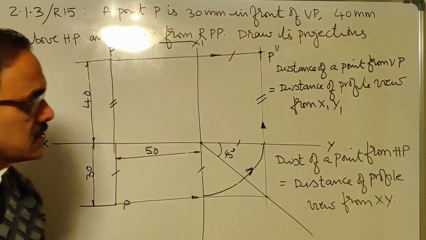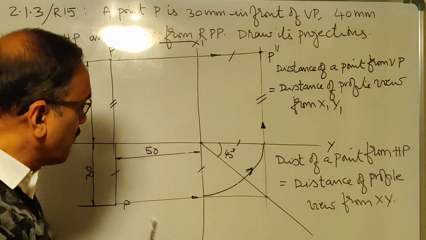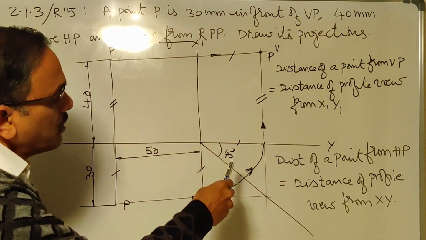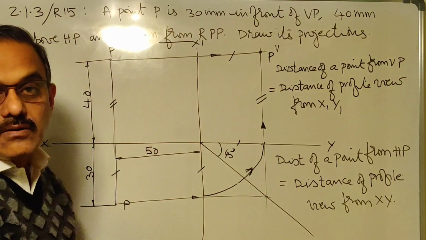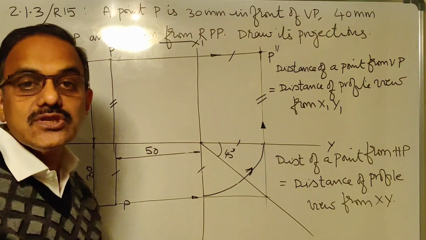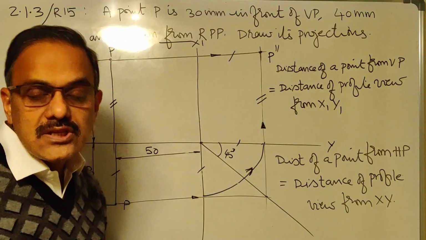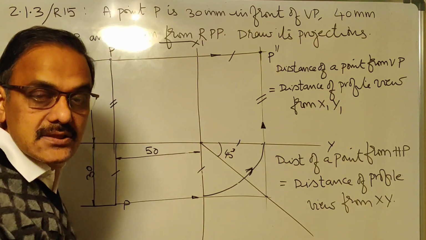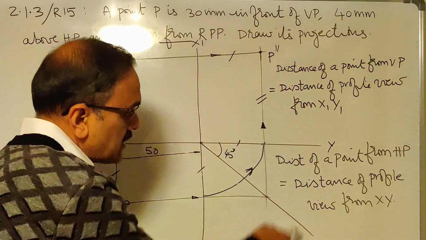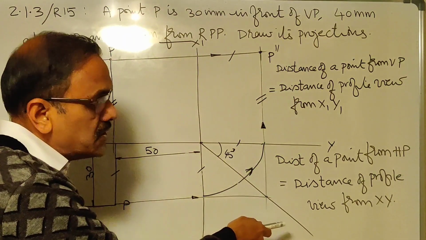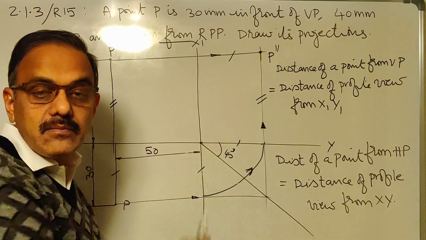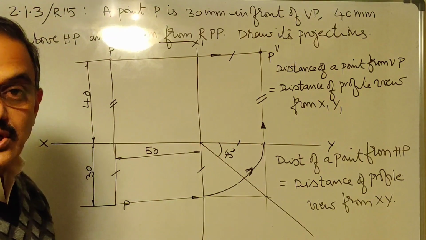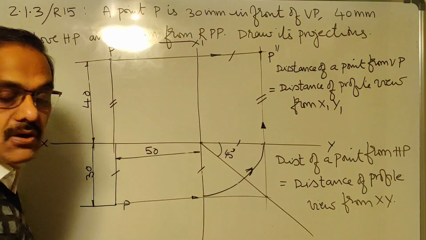So these two statements you should understand if you have to understand why this procedure is adopted. The procedure is quite simple, as I told you, but if you probe into it, you must have a concept of these two statements. Once you understand those two statements, then understanding this is not a problem at all.